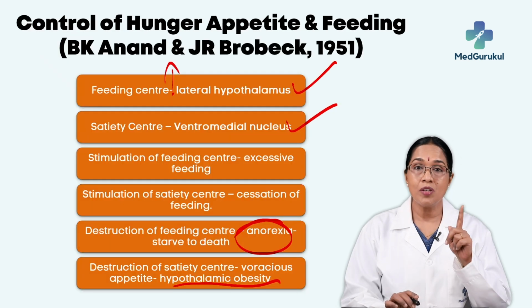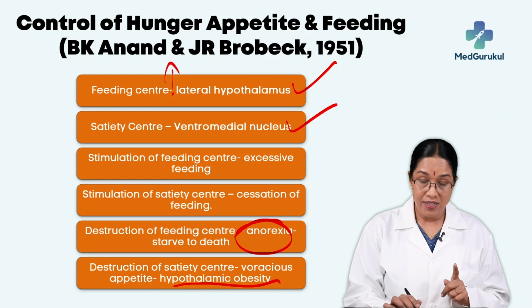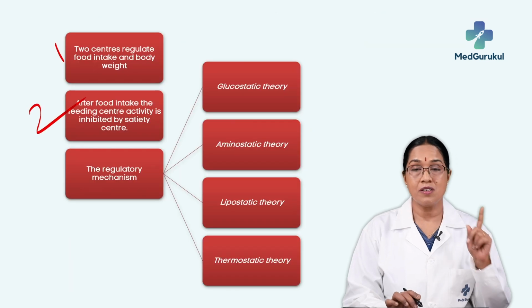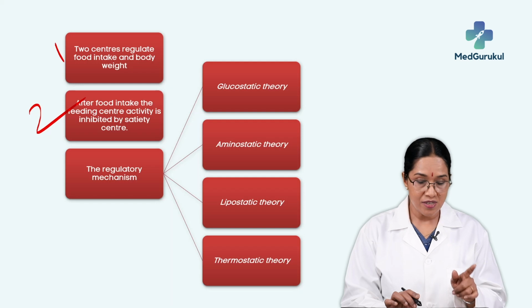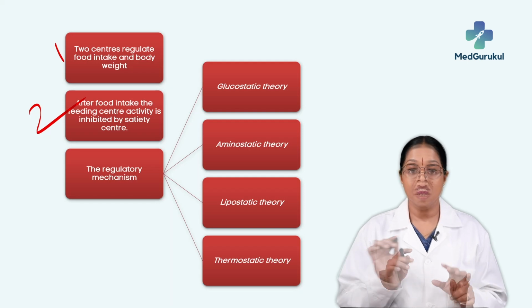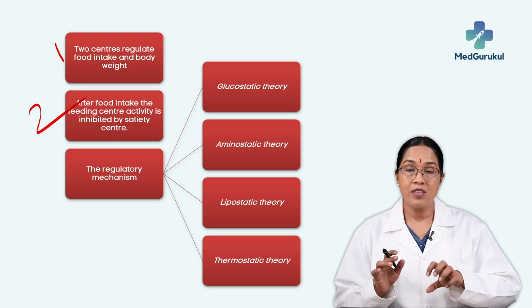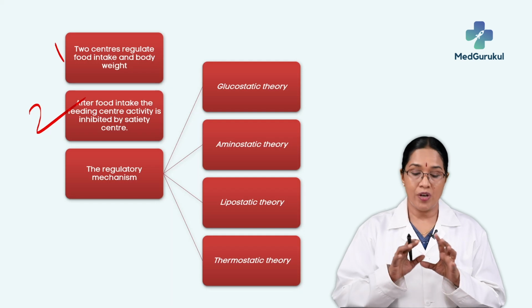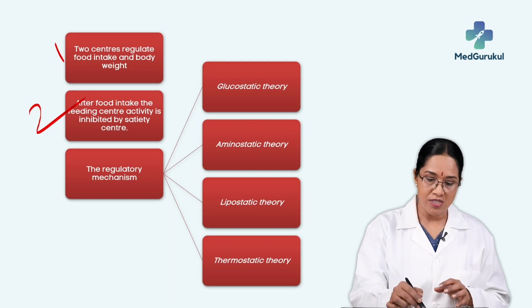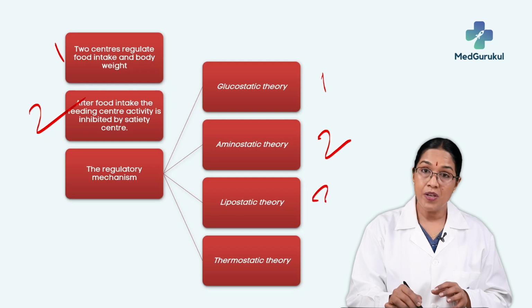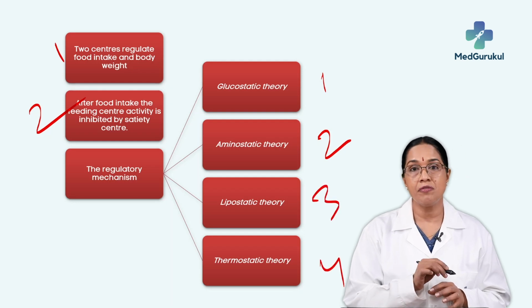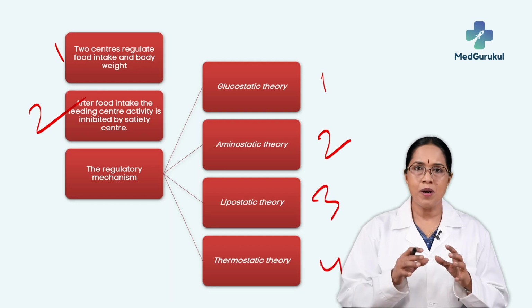The lateral hypothalamus is the feeding center and the ventromedial nucleus is the satiety center. So, after food intake has happened, the feeding center's activity is inhibited by the satiety center's activity. What regulates it are the four theories I have told you: the glucostatic theory, the aminostatic theory, the lipostatic theory, and finally the thermostatic theory. So, one by one you need to know.